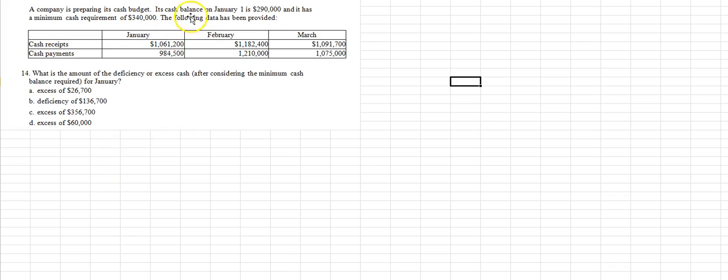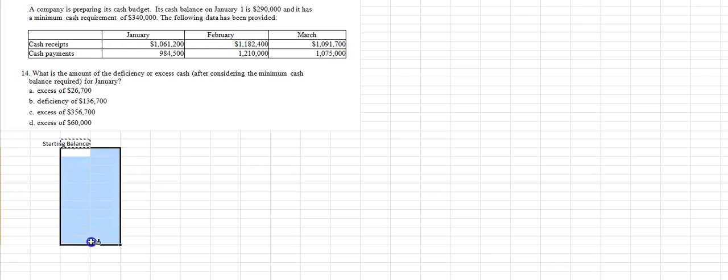So it says it's cash balance on January 1. So starting balance, right? Starting balance is 290,000. And then it says you're going to receive, so that's a plus, right?